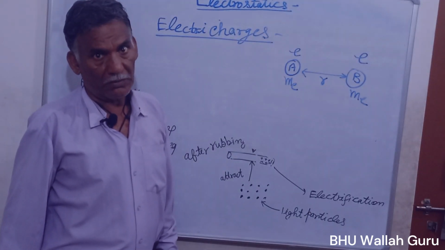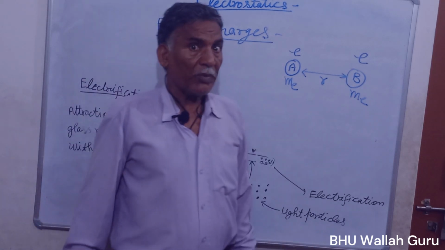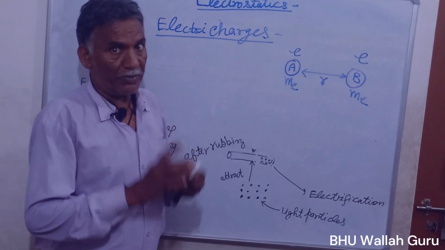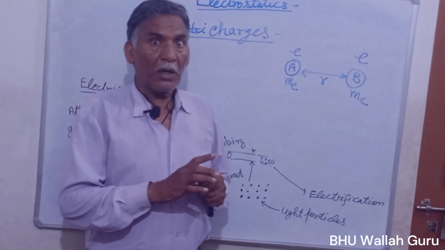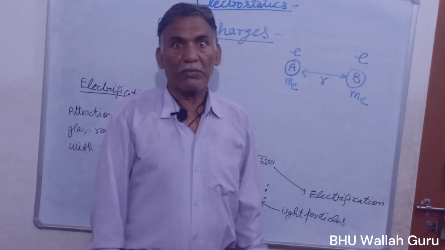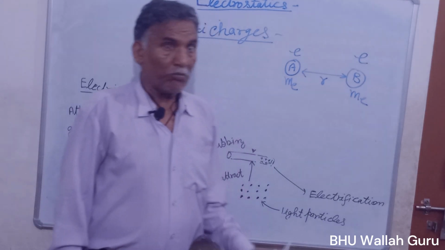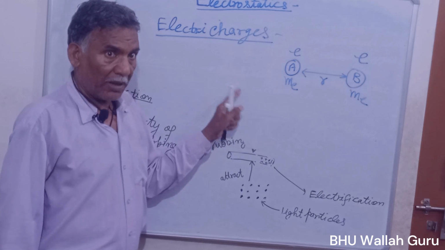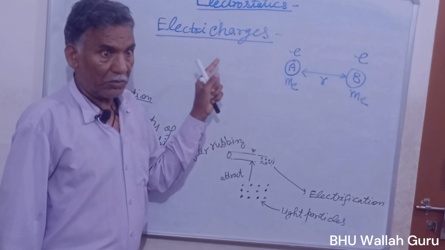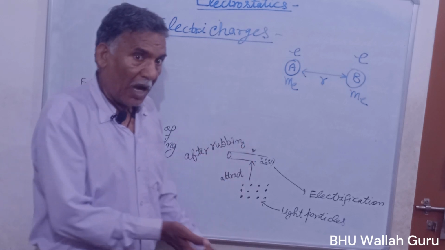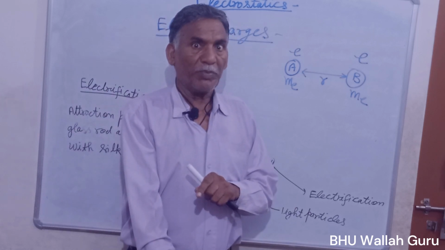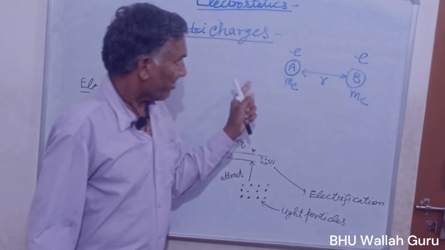electrostatic force. Now, before rubbing, between any two objects there is only the gravitational force, because charges were not produced in the body. Those bodies are not able to attract light particles.